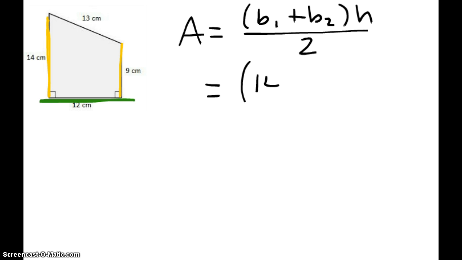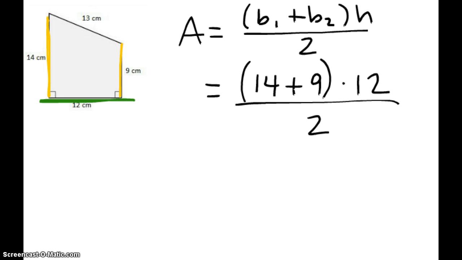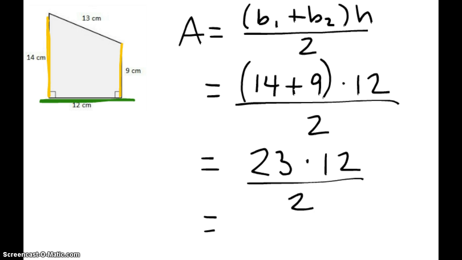So let's just plug in our values to our formula. So base 1, we could go with 14 plus 9. That's base 1 plus base 2 times the height of 12, all divided by 2. So 14 plus 9 is 23 times 12 divided by 2.